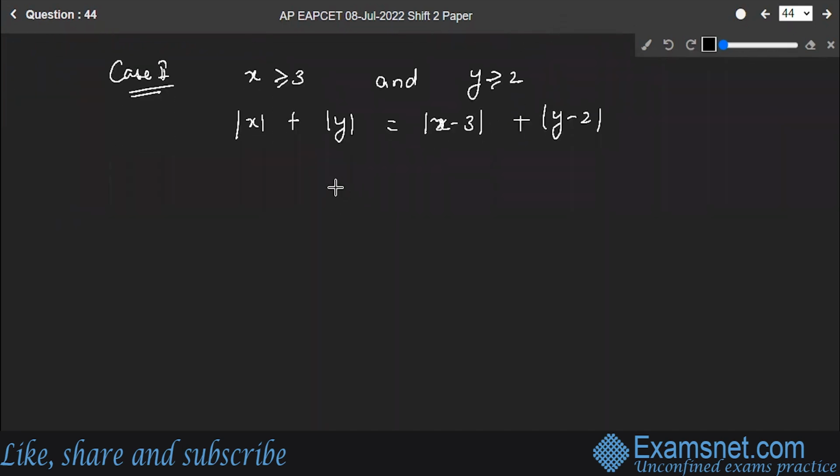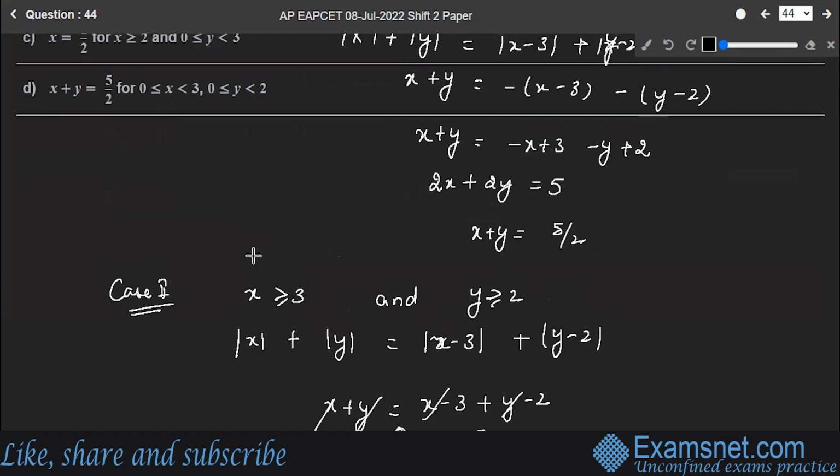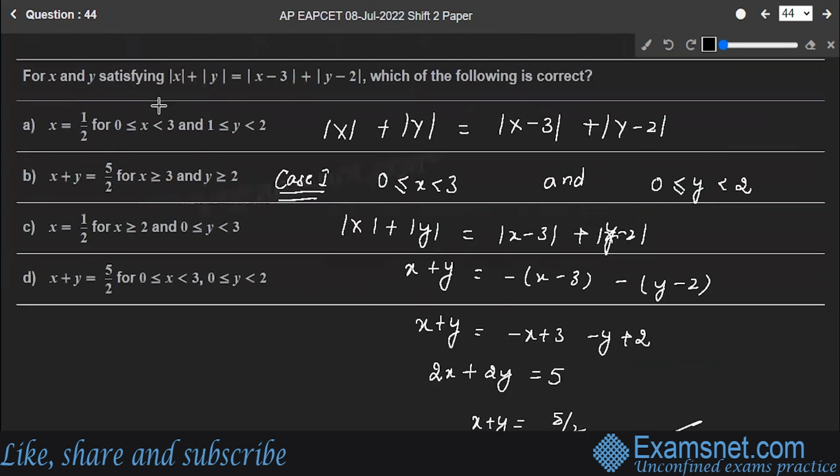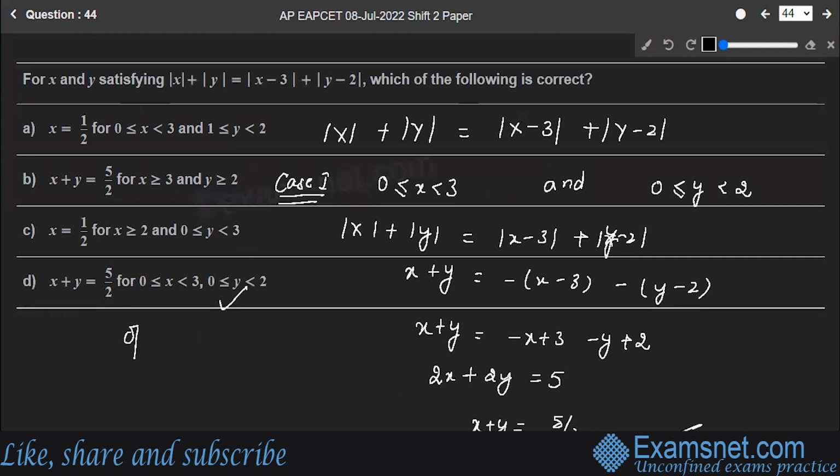This will cancel out, X will cancel with X and Y will cancel with Y, and you will have 0 is equal to minus 5. So this is wrong, right? This is not correct. Therefore, we have this one as our answer. This falls in option B. So this is our correct answer, right?